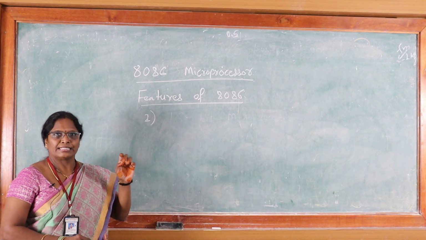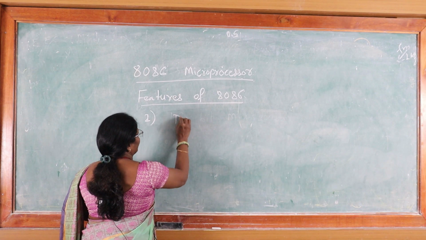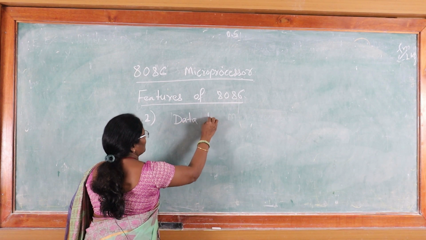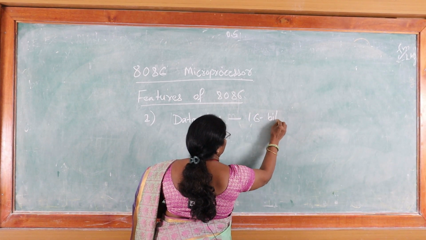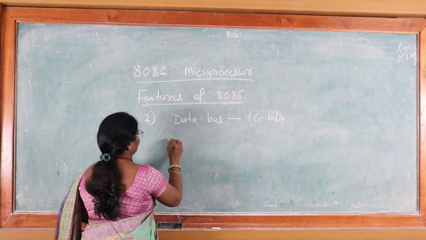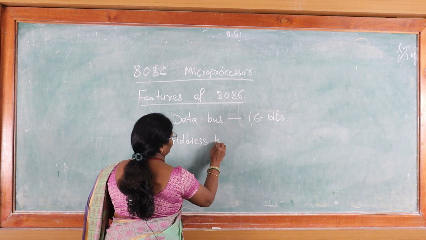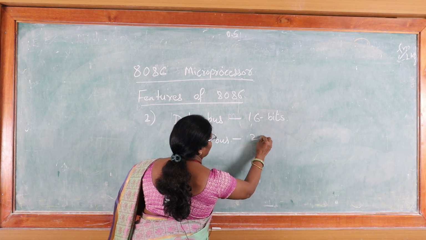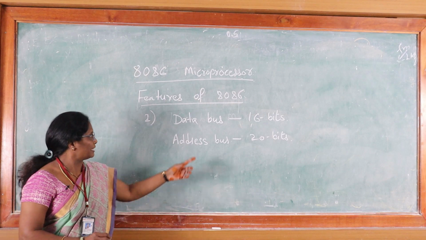Second one. So we'll see the size of the data bus and address bus. Data bus, 16 bits. Address bus, 20 bits. What does it indicate?